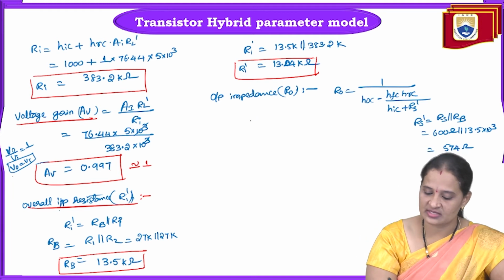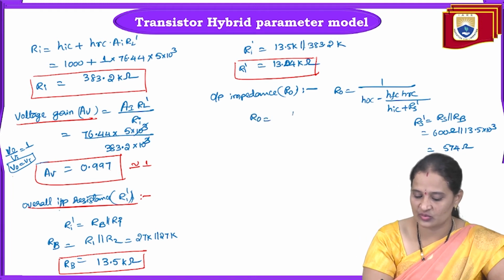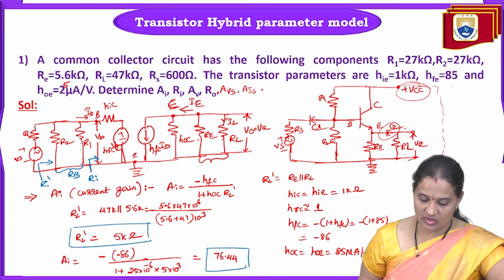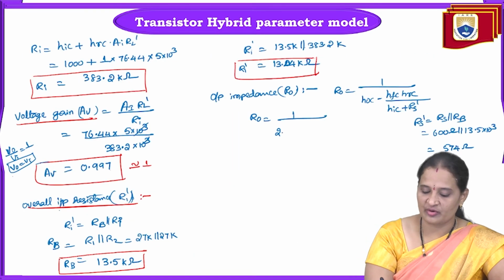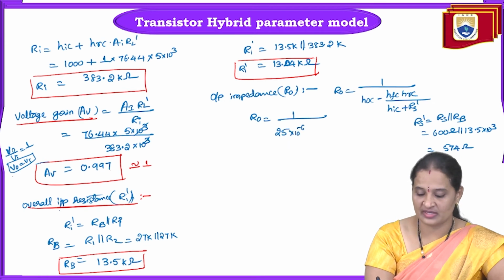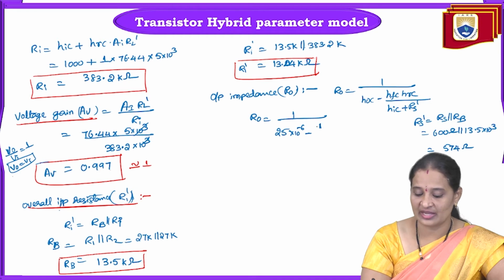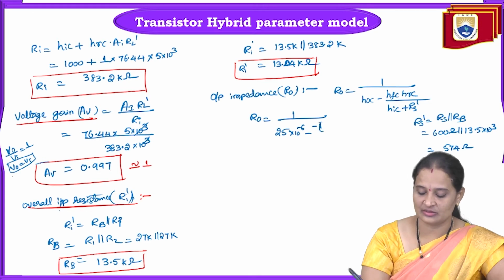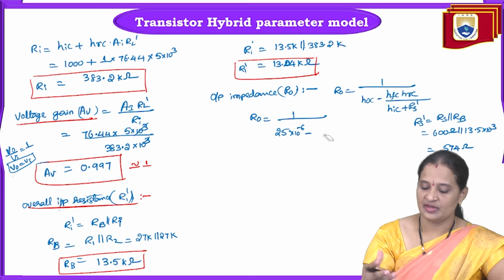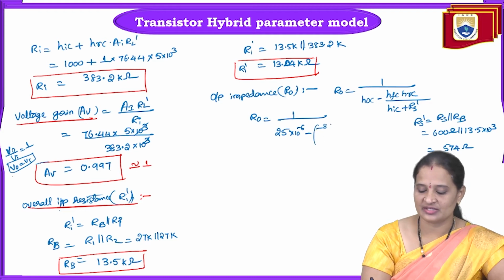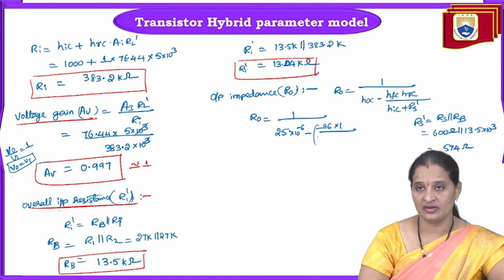Now substitute this in R naught. So R naught is equal to 1 by HOC value, that is 25 into 10 to the power of minus 6, minus HFC into HRC, where HFC is minus 86 and HRC is 1, divided by HIC value 1000 plus RS dash value 574.